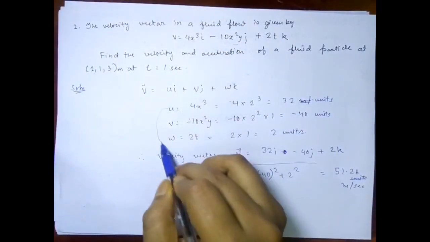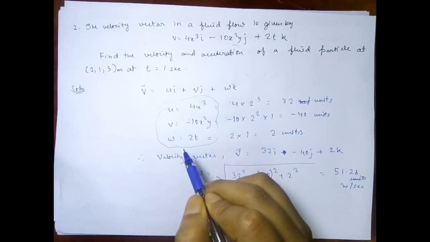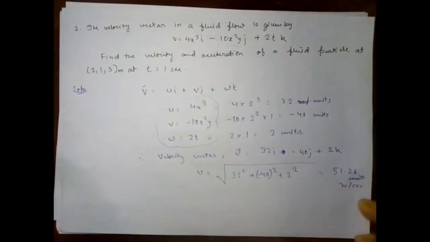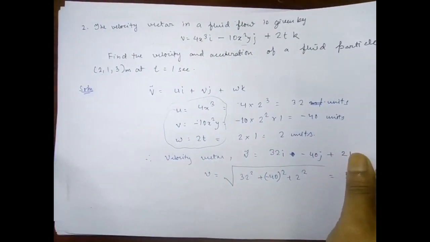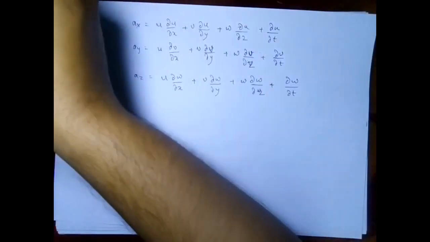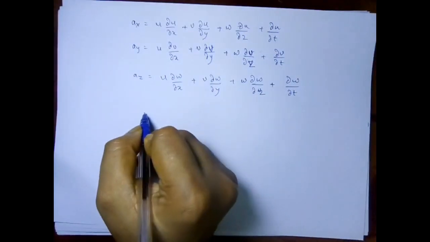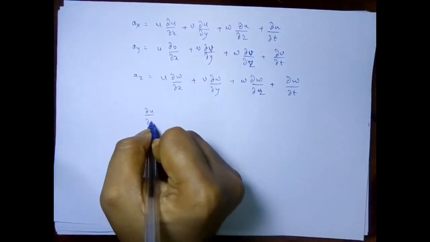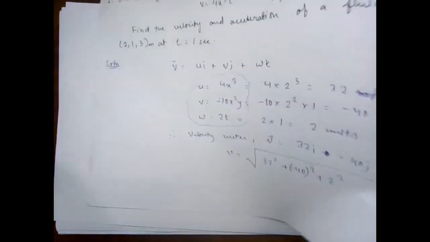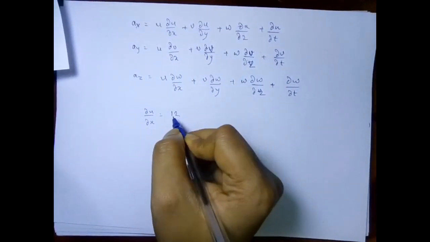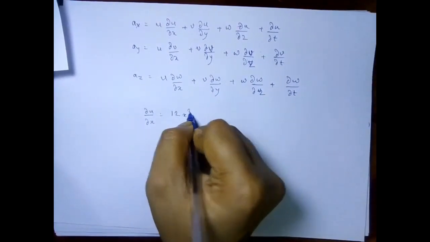We had written the u, v and w components over here, and let's just keep on differentiating with respect to x, y and z. Del u by del x will be, u is 4x cube, so del u by del x will be 12x square.